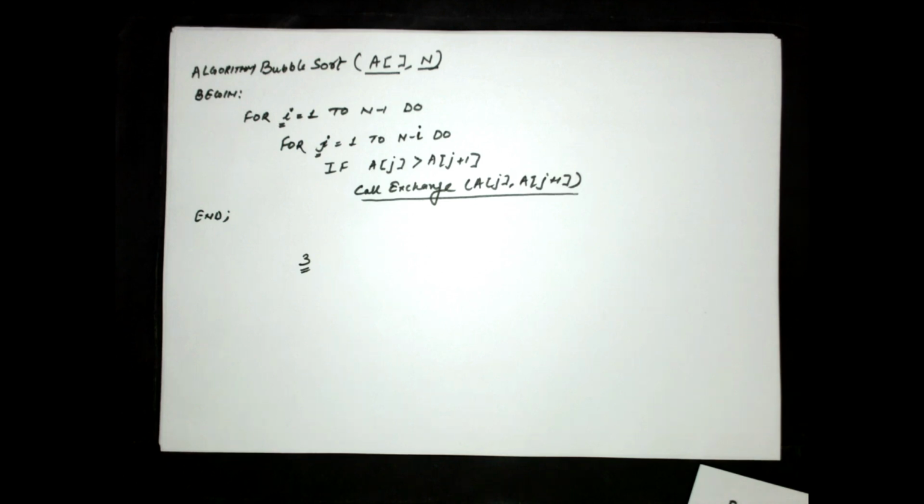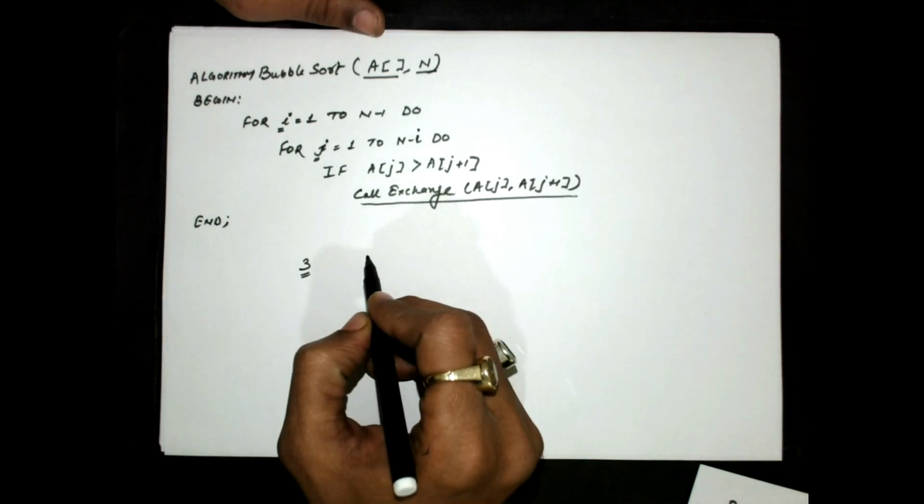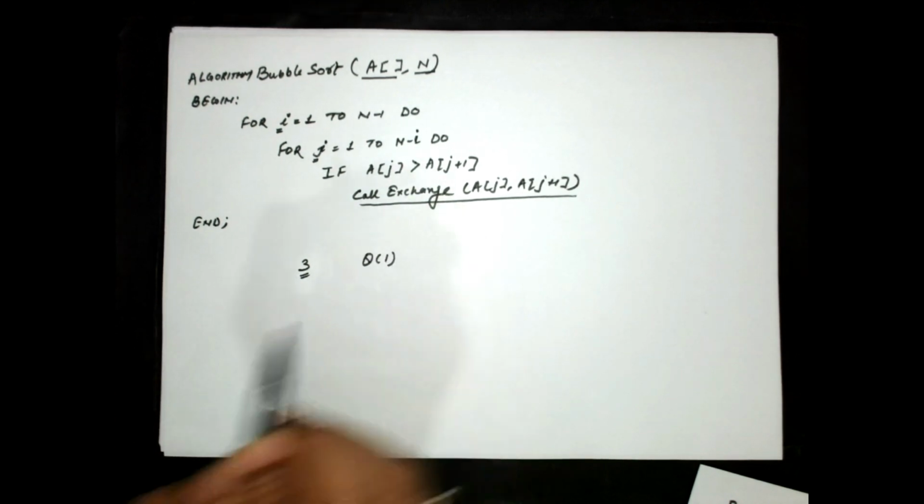Again, if I have 1 lakh elements, it will still be 3. This means the number of variables is constant, not changing with the changing input size. So the space complexity of this algorithm will be constant, and I can write that the space complexity of this algorithm is θ(1).